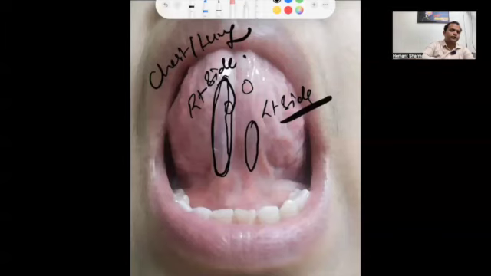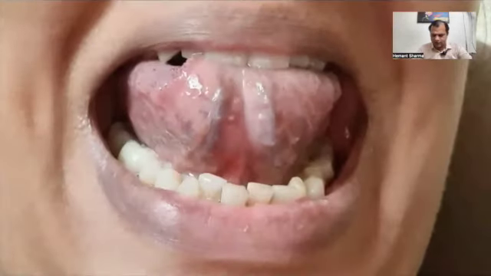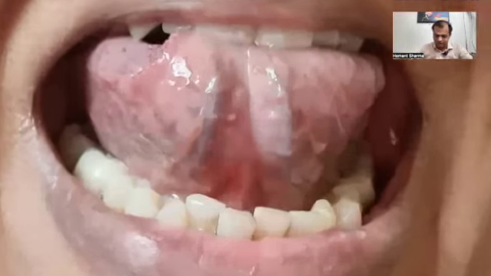So now we understood what a nodule is exactly. Now one more thing I want to show you here. Let's see this. Now if you look at the veins here, the veins are distended. Veins are distended, right? We can see the distended vein here.